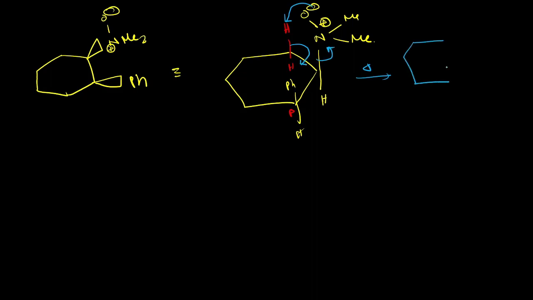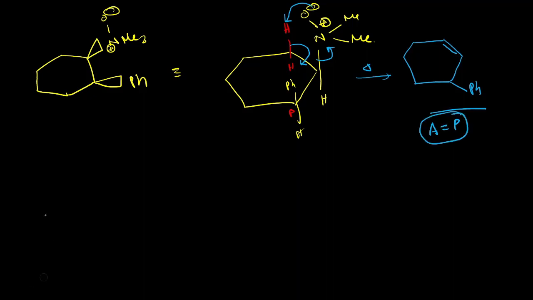So the final product will look like this, with one double bond and Ph here. This will be your final product for the first reaction, which is identical with P.